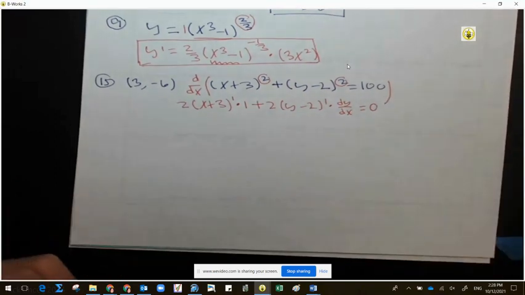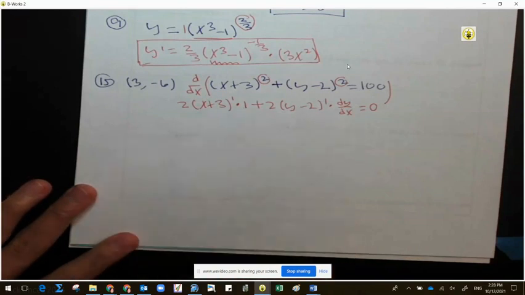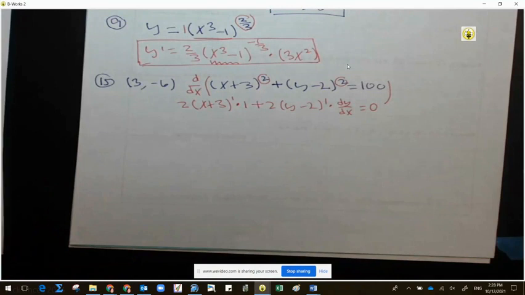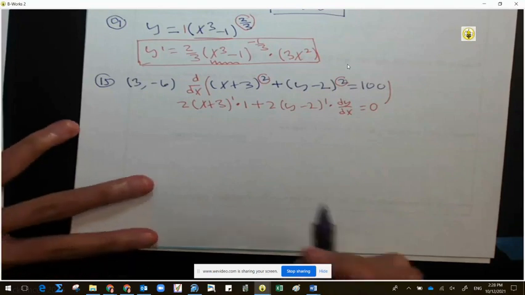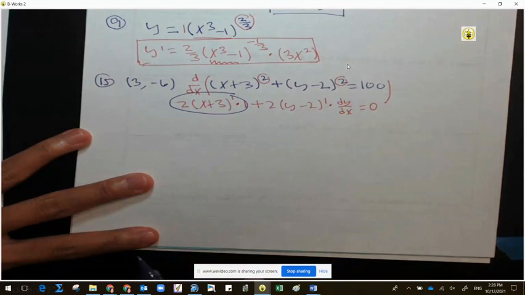And what's the derivative of any constant? 0. Yes, ma'am. Wait, why did you put times 1 after the first one? Derivative of 1x is 1. And that's why I was saying if you don't want to write it, don't. All right, let's go ahead and make dy over dx by itself. And I'm going to do 2 things. So listen carefully. The first thing that I'm going to do is subtract this on both sides.